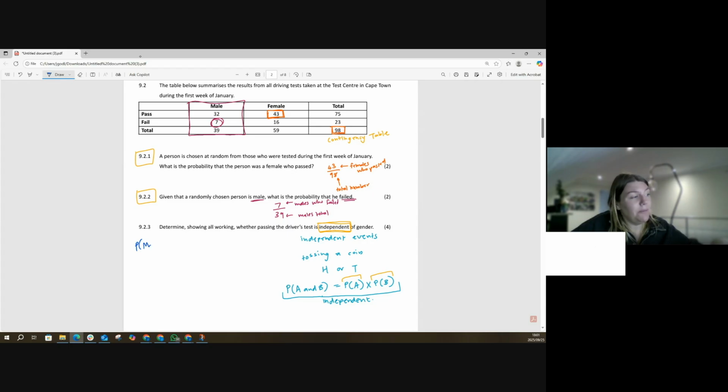The probability of being a male and passing, we need to have a look, is going to be what? How do I work that out? What's the probability of being a male and passing? Having a look at our contingency table.